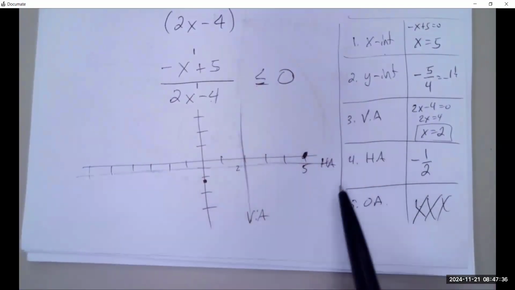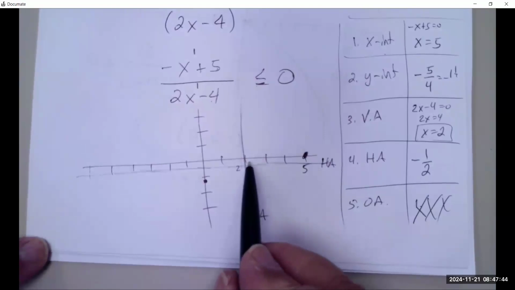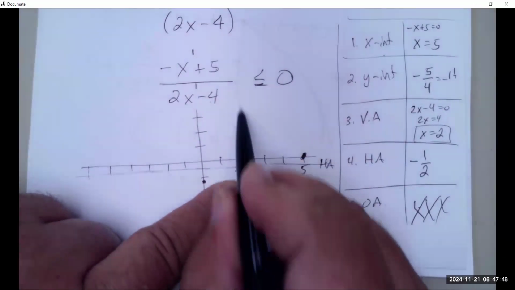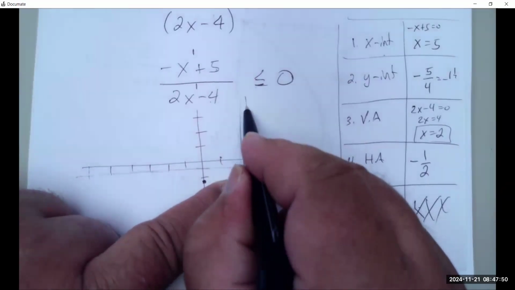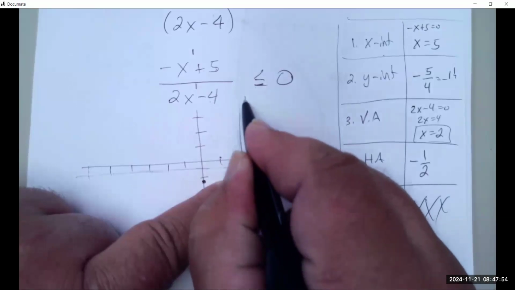Because we only have one intersecting point between the horizontal and vertical asymptotes, where are our graphs going to be? Well, since that's the horizontal asymptote, that's vertical. So my first part of my graph has to look like this.